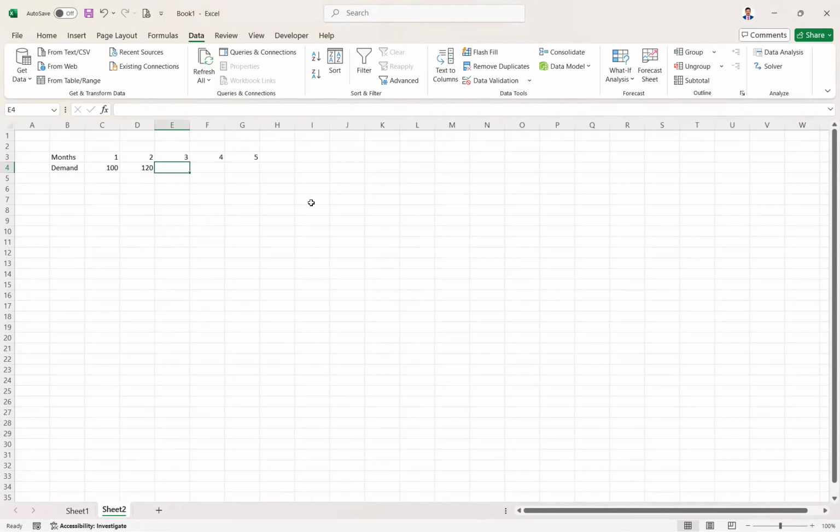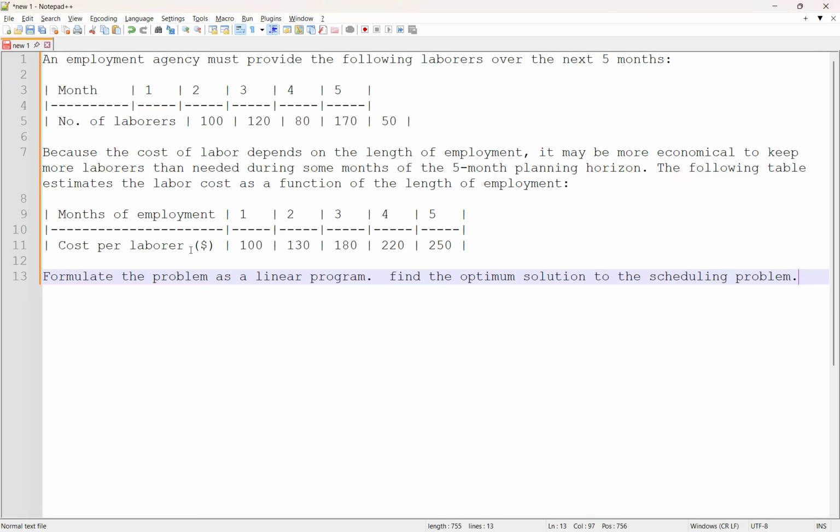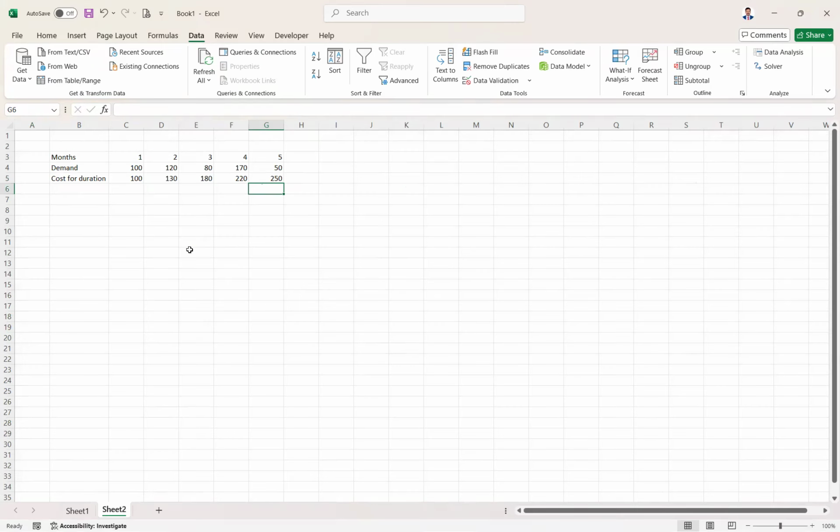Then cost per duration. Cost is not per month, it is per duration. If you are employed for a period of 1 month, the cost is 100. If you are employed for a period of 2 months, the cost is 130. For a period of 3 months, it is 180. For a period of 4 months, it is 220. And for a period of 5 months, it is 250.